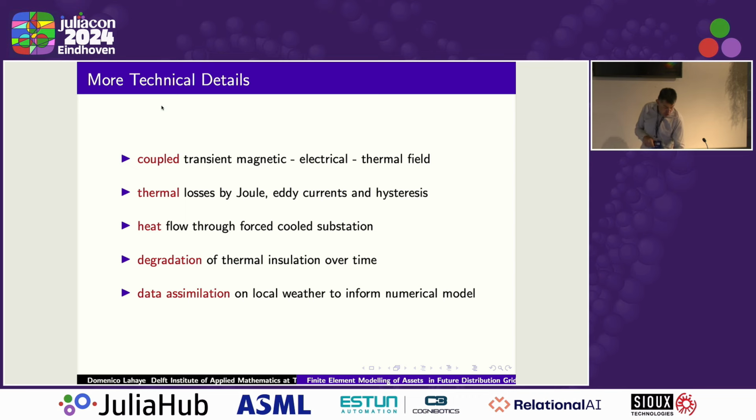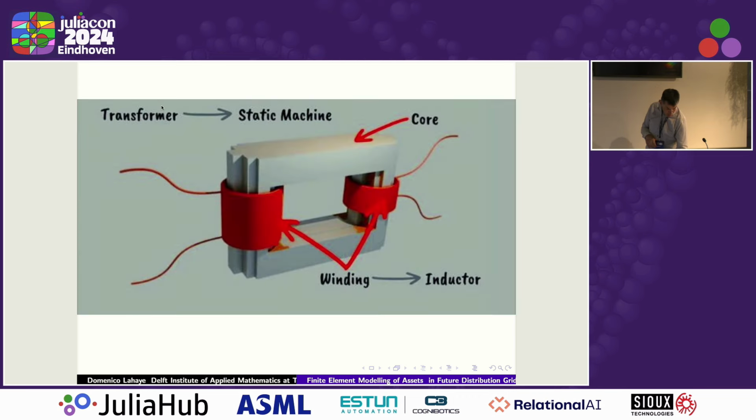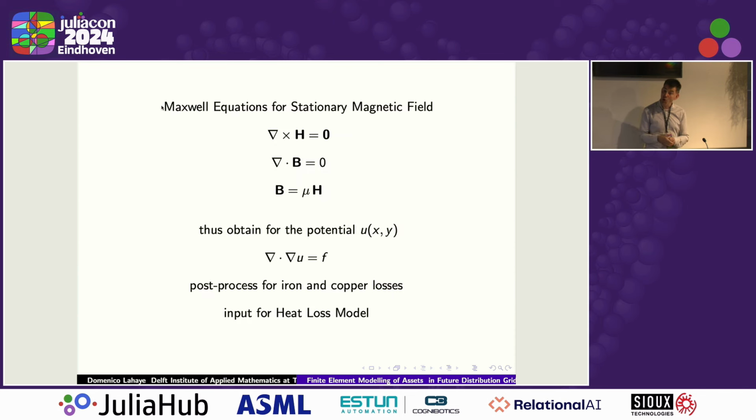We solve what you see here two times in a row. We first do U being the potential for the field, post-process, arrive at sources for heat, and then do it again where U is a temperature. So just a one-to-one. Yeah, exactly. However, obviously, we are aware of more complex approaches. Thank you.